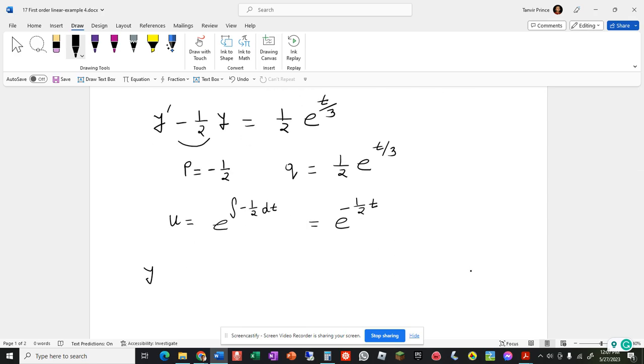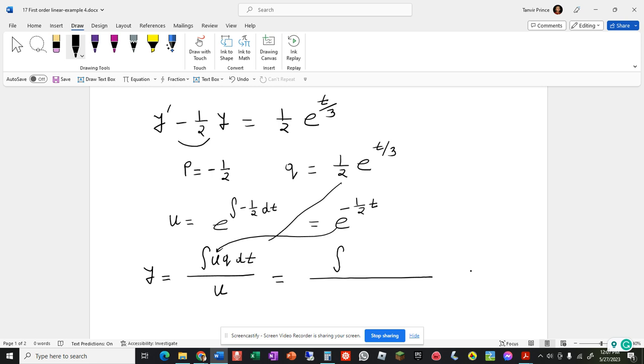So let's solve for y. Let me write the formula. Integral of u q dt goes on the top, and in the denominator I have u. So the u is this, and the q is this, right? Let's just substitute all of that.